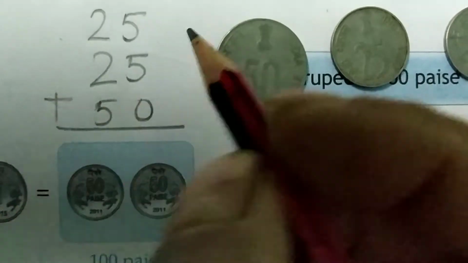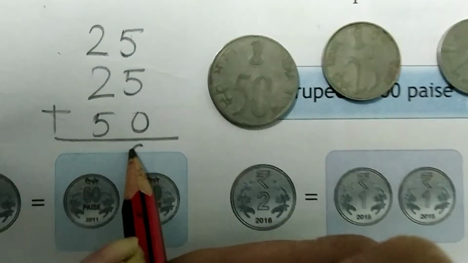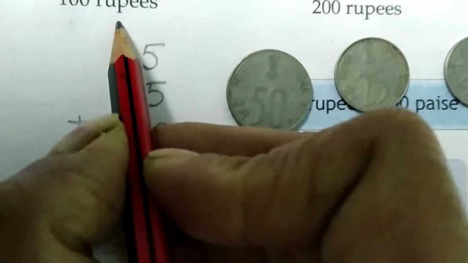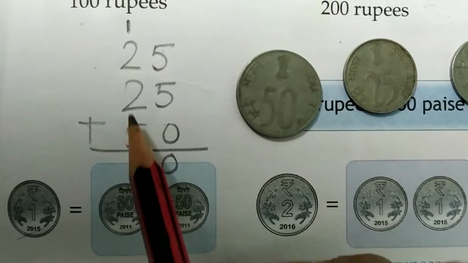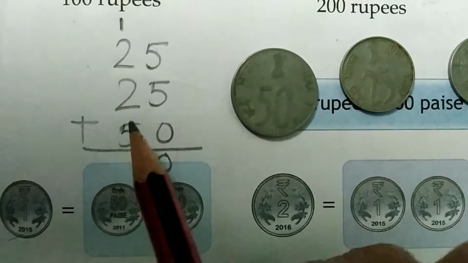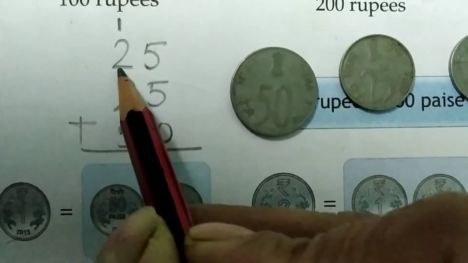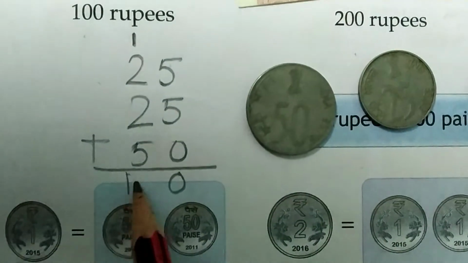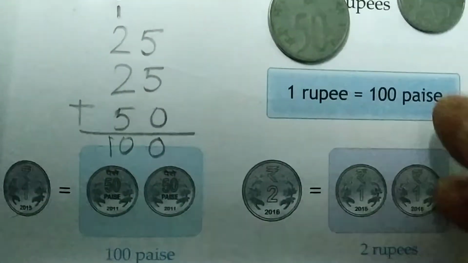If we add 5 plus 5, can you tell me? Yes, 5 plus 5 is 10. Here we put 1 on carry, then 5 plus 2 makes 7, 8, 9 and 10. Now it becomes 100. So students, clear?